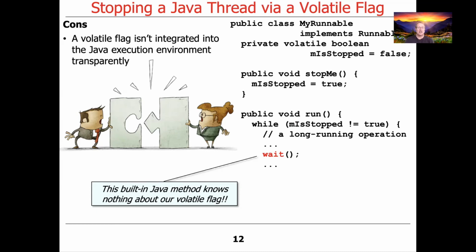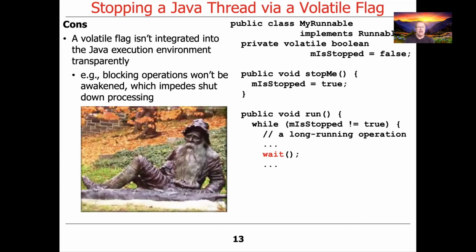That's the downside. You can make systems very non-responsive because we haven't fully integrated the way of stopping them with a volatile into system calls that are blocking in the Java virtual machine or the Java class library itself. As a consequence, these blocking operations won't be awakened in any timely way, and therefore that will impede shutdown processing.